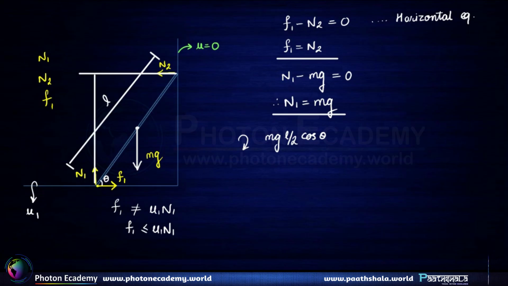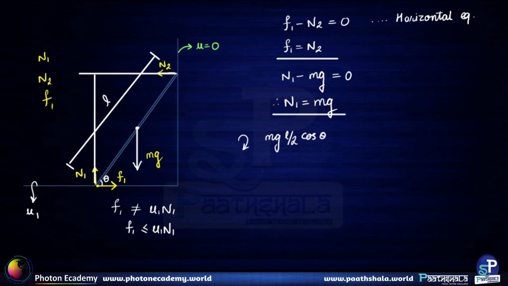This particular perpendicular distance also happens to be the same as this perpendicular distance. So this perpendicular distance is nothing but L sin theta. If we consider this triangle, then this is L and this happens to be L sin theta. So the perpendicular distance is nothing but L sin theta.